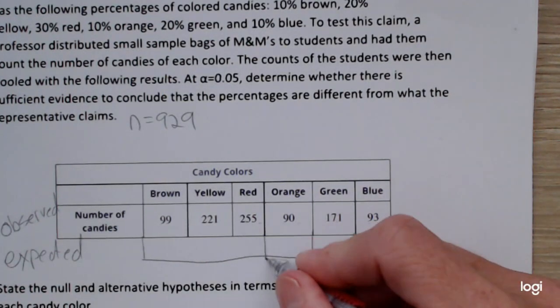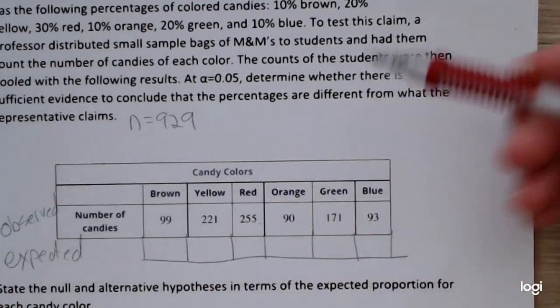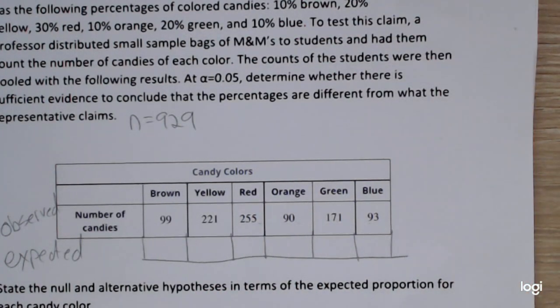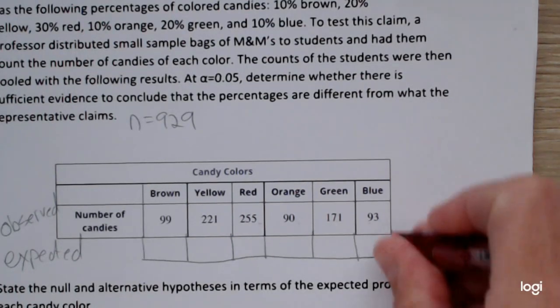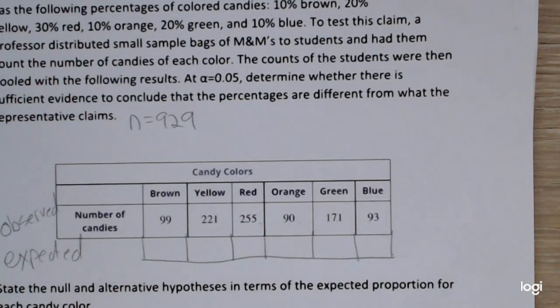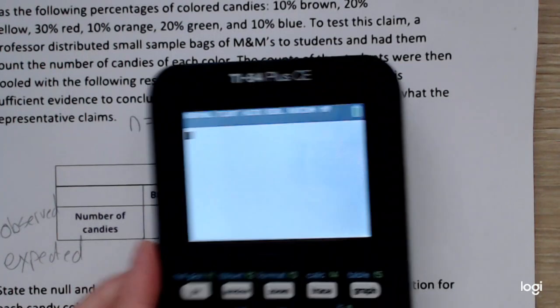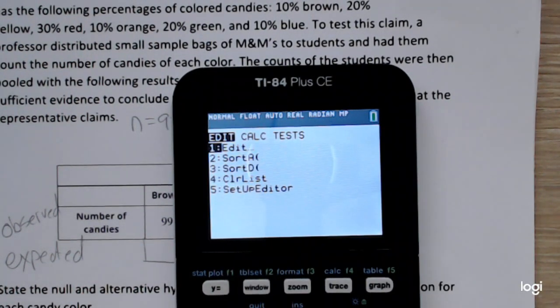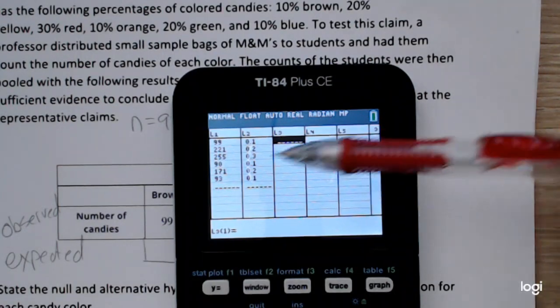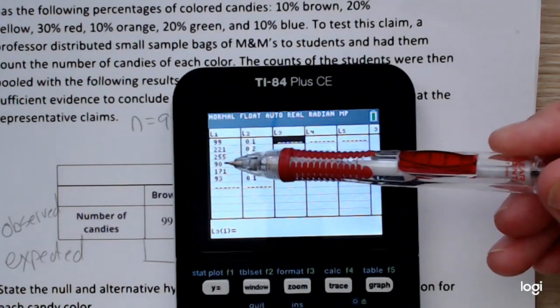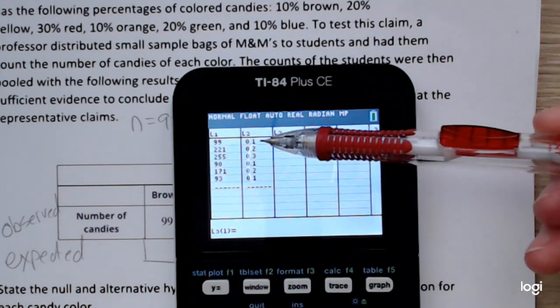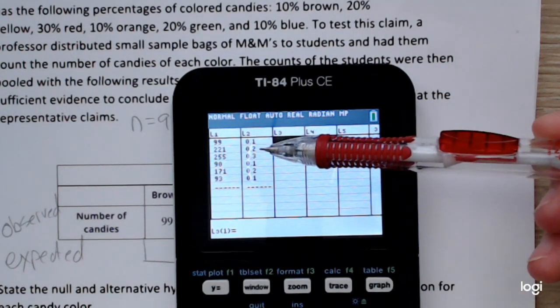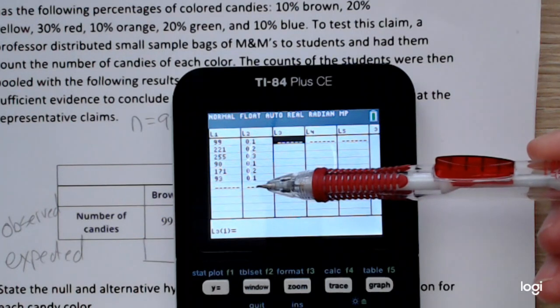To do that, I need to multiply each proportion or each percentage by the sample size. This isn't that difficult, but I'm going to have my calculator do this for me. What I did before I started recording was in my stat menu under edit, I put the observed counts in list 1 and the expected percentages in list 2.